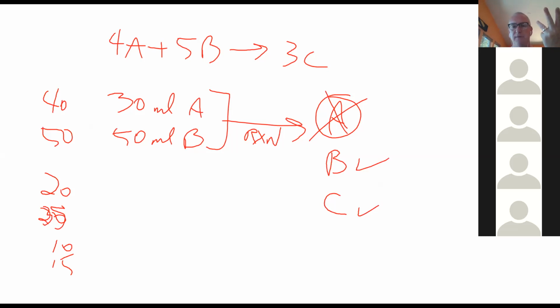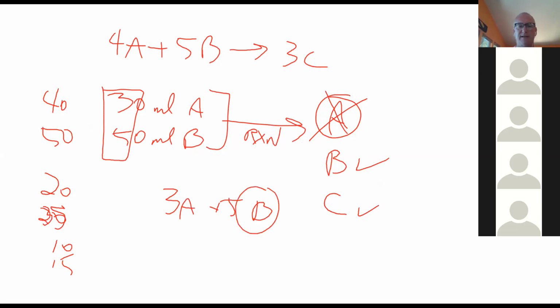So that tells you that at that ratio, 3 moles of A for every 5 moles of B, that B is now limiting. So that tells you need to add more A. So whatever is left over, you need to add more of the other one in order to balance it out.